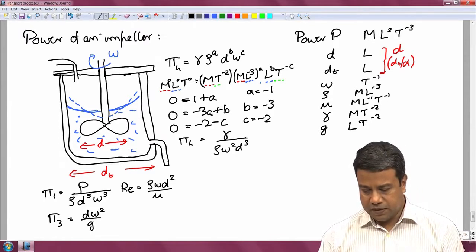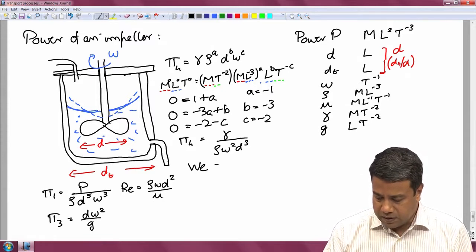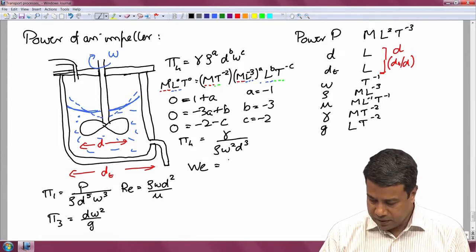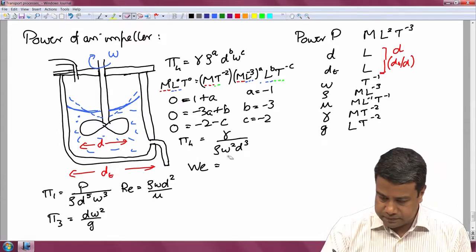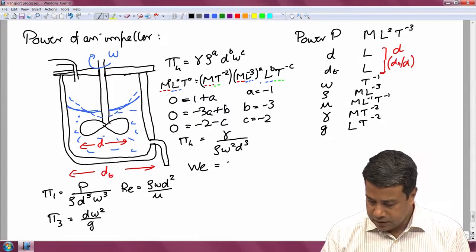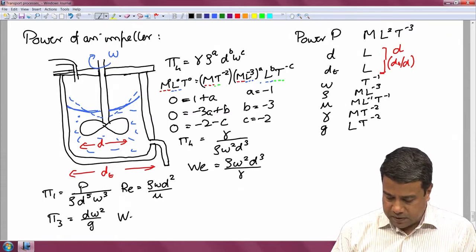It is not once again written usually in this manner. It is usually written the other way around. The Weber number is equal to the inverse of this, rho omega square d cubed by gamma. So, I have a Weber number here.